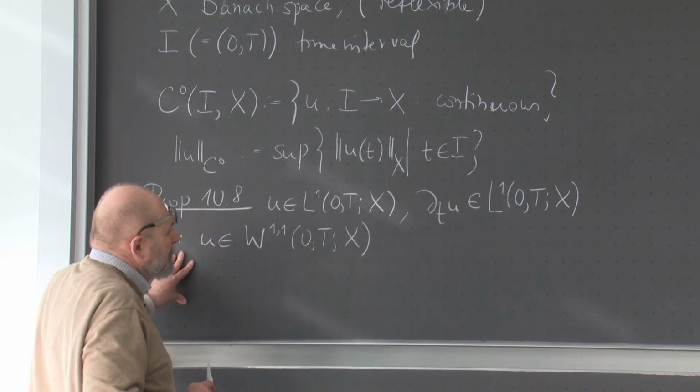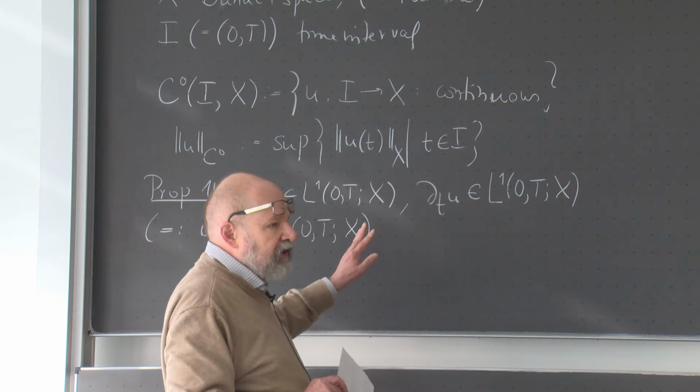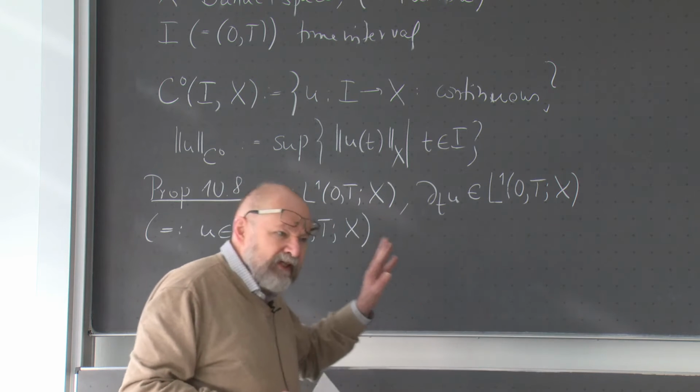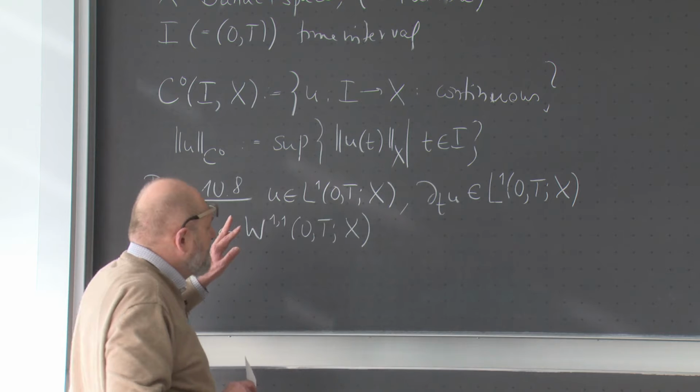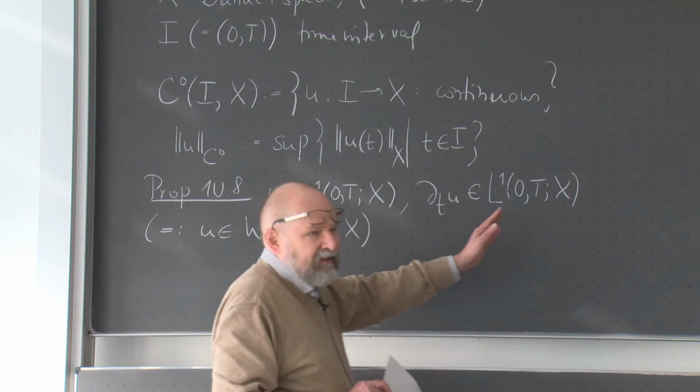That is, in some sense, the weakest notion of solution, as long as we insist, and now it becomes a little bit tricky, I admit, that all the image spaces are the same.